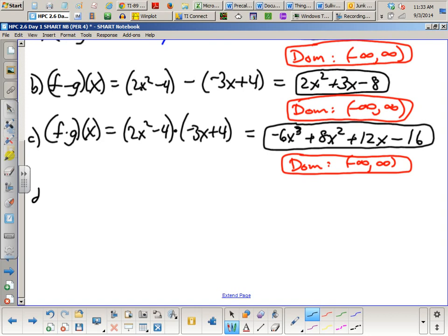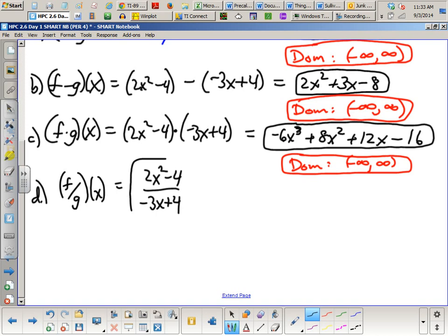And D, f over g. So you're doing 2x squared minus 4 over negative 3x plus 4. So the only thing you have to watch out for here is the denominator should not be 0, because you now do have a fraction. So this is already kind of done.